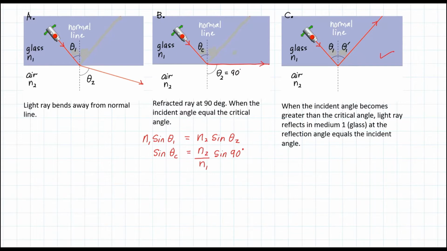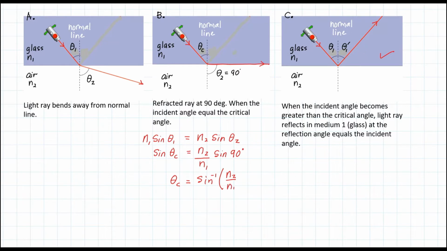So that we have sine theta c equals n2 divided by n1 multiplied by sine 90 degrees. And we can write the critical angle, theta c, as equal to the sine inverse of the ratio of n2 over n1.